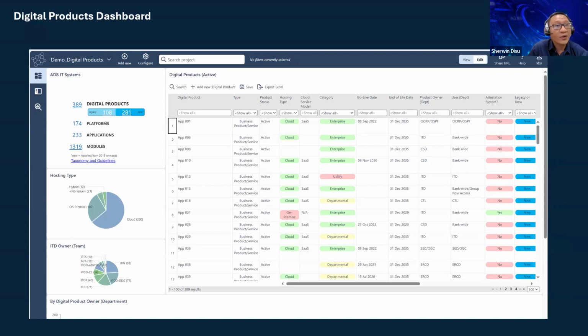The category, whether it's for enterprise or departmental use, and if it's part of attestation or not. We also collect the underlying platform and applications for these digital products to be able to show the major enterprise digital products of ADB and how they are hosted in the cloud or in ADB's on-prem data center. The next slide shows this.